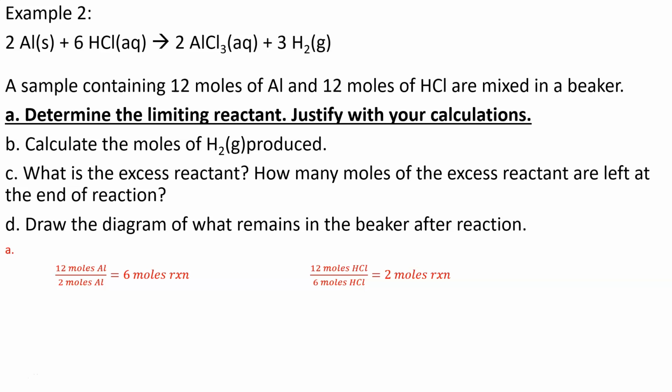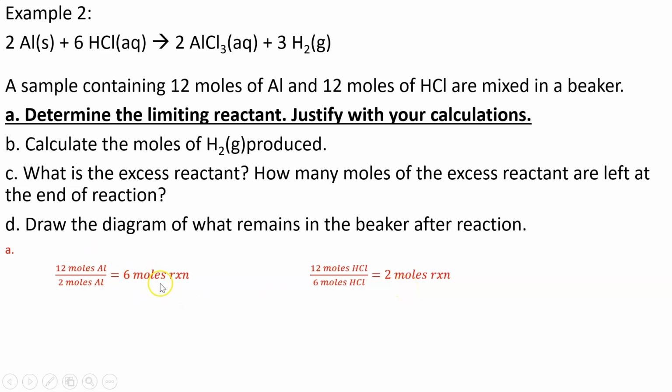Okay, this is really important. I want to make sure that you get this. When you do a limiting reactant problem, this answer that you get when you divide 12 over 2, this is not moles of aluminum. If you put moles of aluminum, it will be counted wrong. When you do 12 moles of HCl over 6 moles of HCl, the answer is not moles of HCl. If you put that, you will get it wrong.